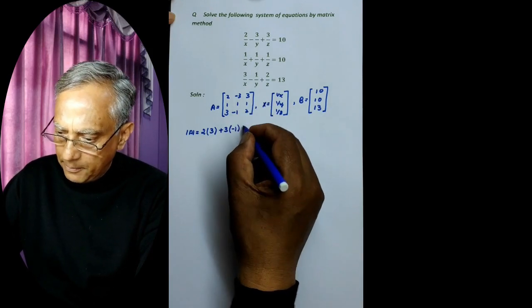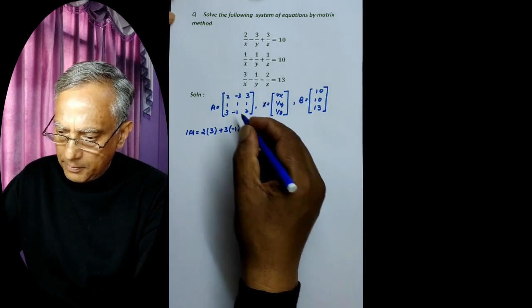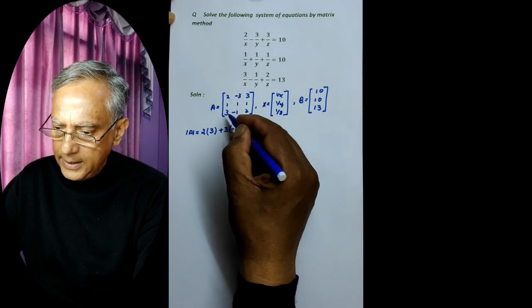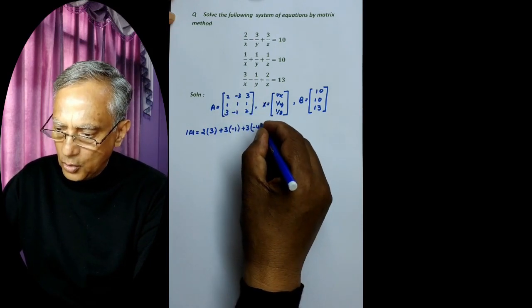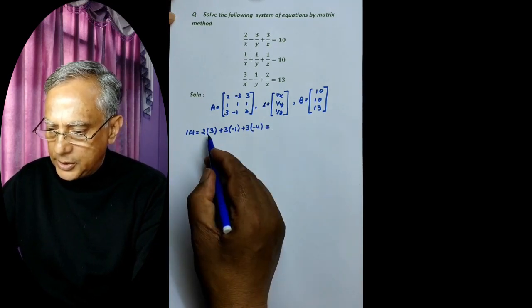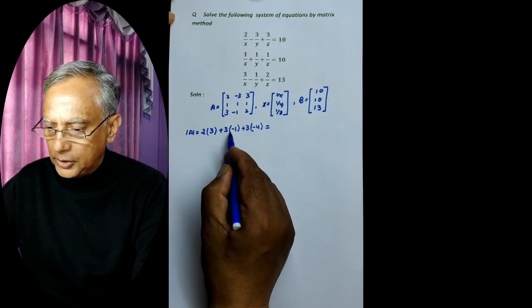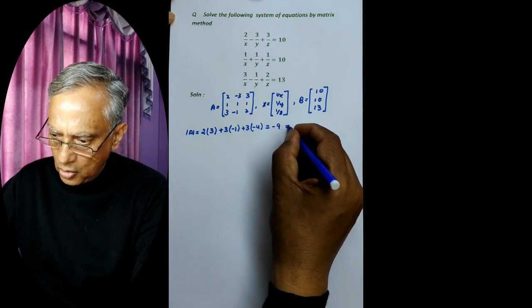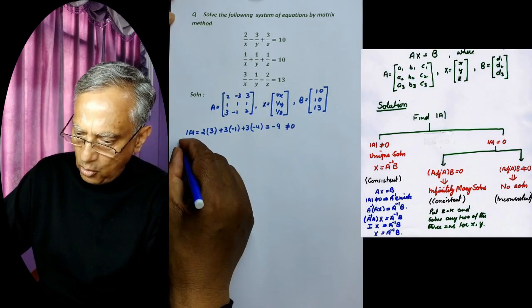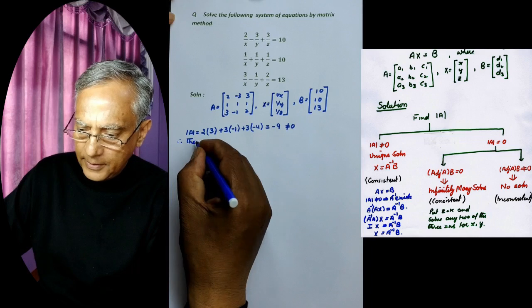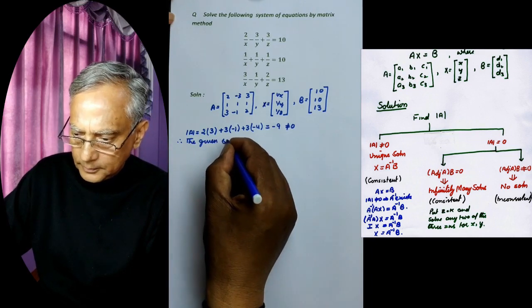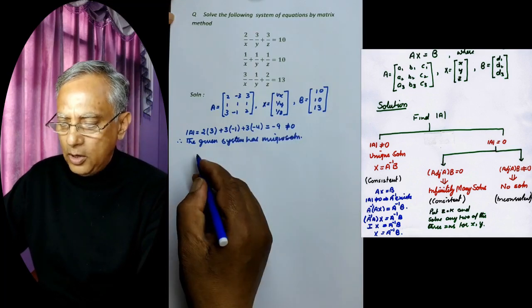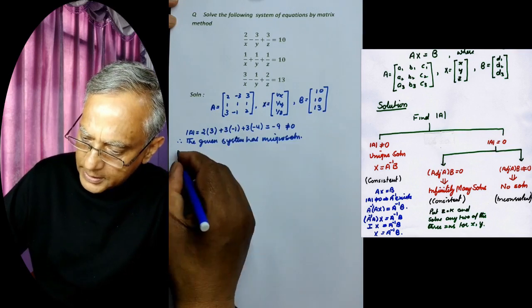And next is plus 3 into, this is gone, this is gone, minus 1 minus 3, minus 4. And this is equal to, now 6 minus 3 is 3, 3 minus 12 is minus 9. So this is not equal to 0. Therefore, the given system has a unique solution.